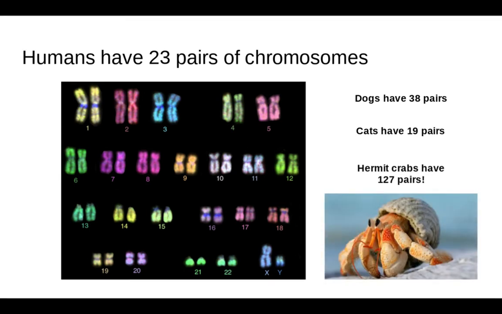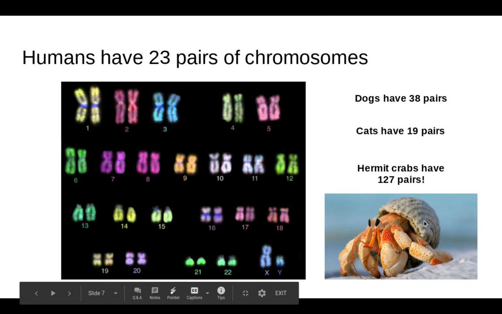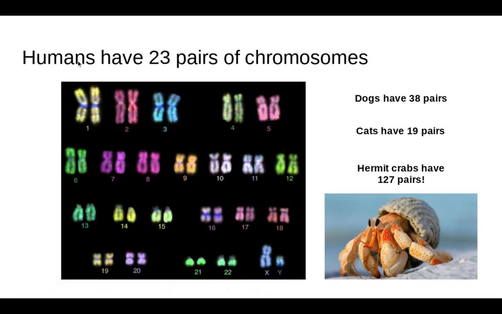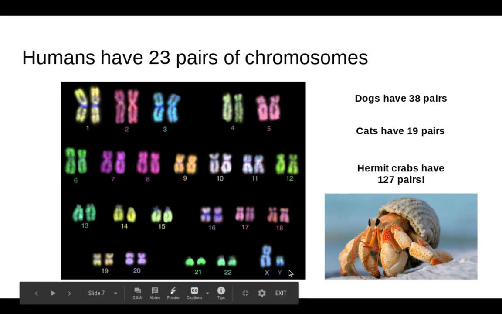And hermit crabs have 127 pairs. They have the most chromosomes, the hermit crab. So just wanted to recap that humans have 23 pairs. A pair is 2. So humans have a total of 46 because 23 multiplied by 2 is 46. So 23 pairs and 46 chromosomes in total.